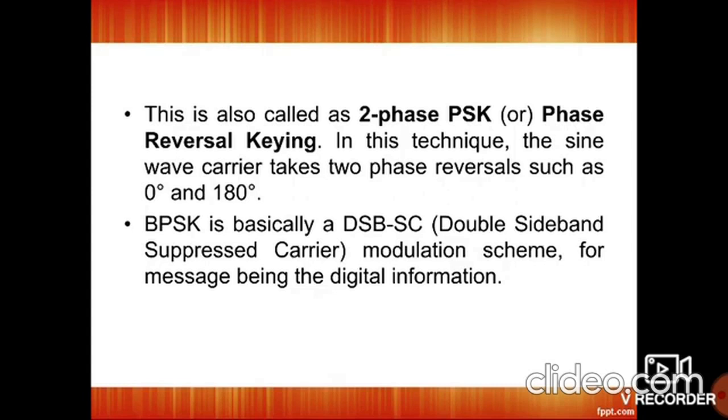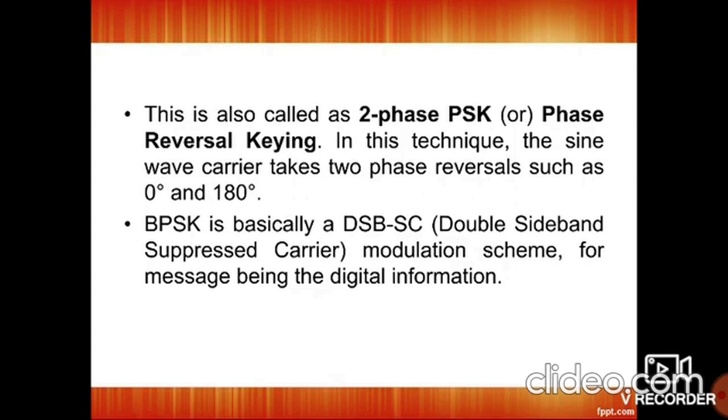So 1 is represented by the signal which is having phase shift, and 0 is represented by the signal which is having no phase shift. So simply b(t) can be represented as plus or minus 1, where plus 1 is whenever the symbol 1 is transmitted, and minus 1 is whenever the symbol 0 is transmitted.